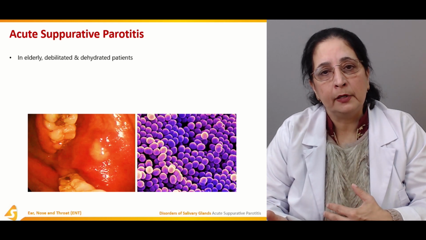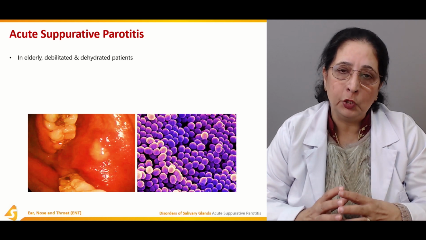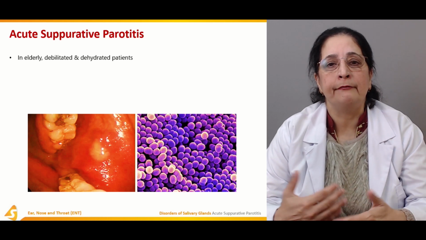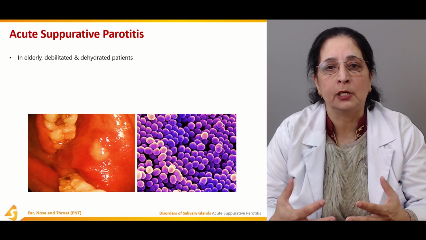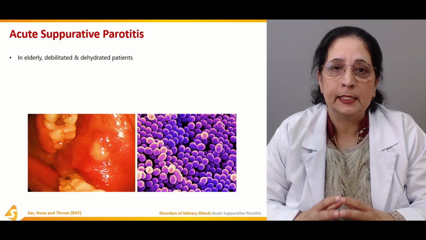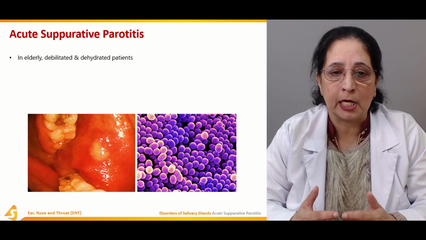Parotitis is inflammation of the parotid gland. It's acute, short-term, and suppurative means there is infection, abscess formation, pus formation associated with this condition. That's why it's known as suppurative parotitis.